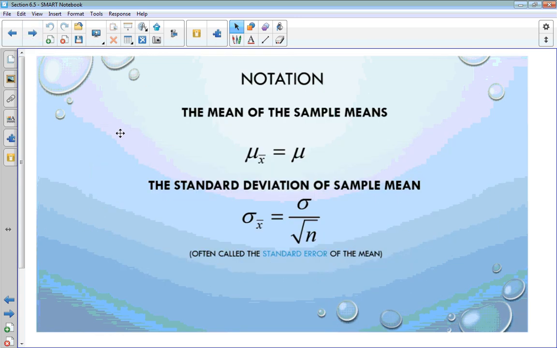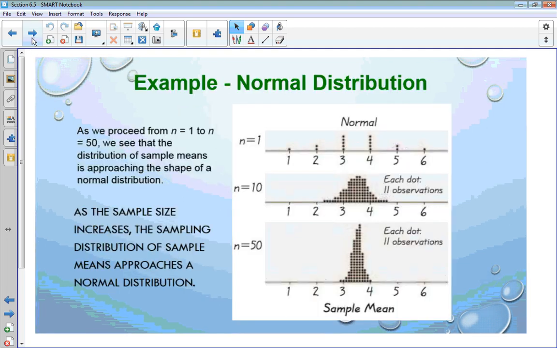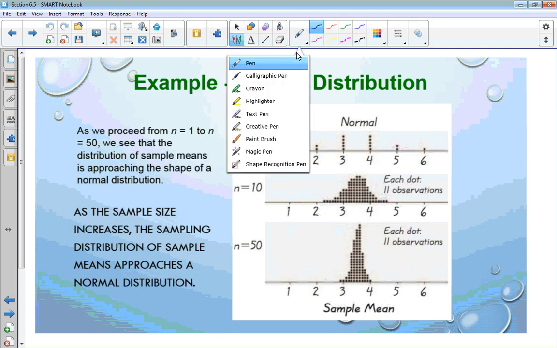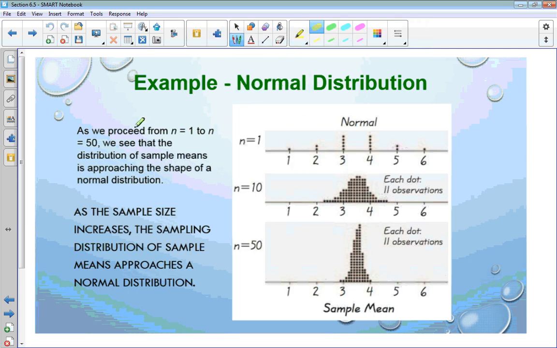So here's some notation. The mean of the sample means, the standard deviation of sample means, and many times this is called the standard error. So here's what we're referring to. This is our distribution.